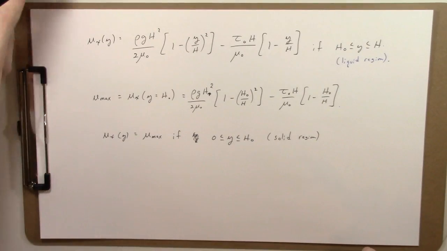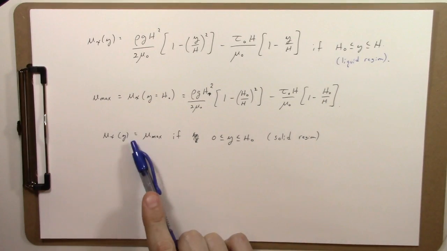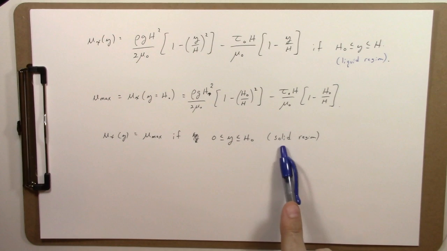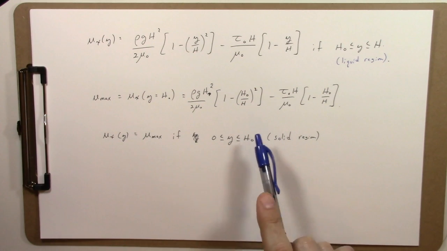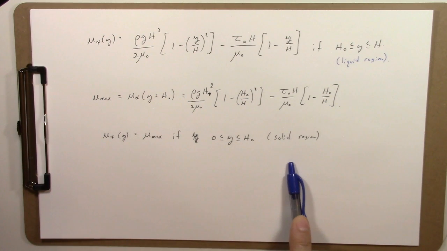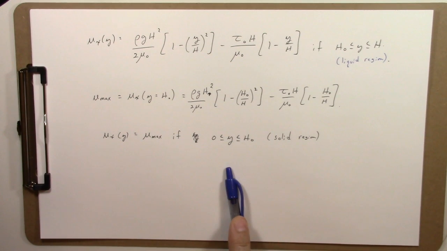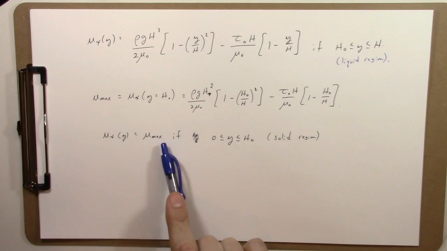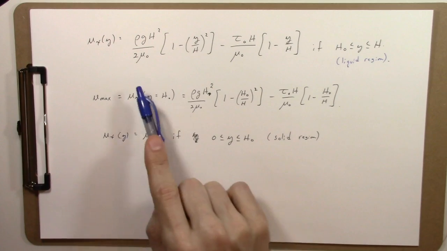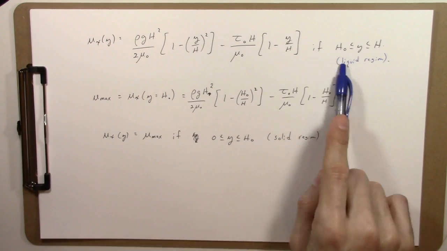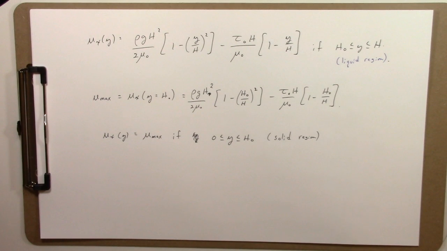It will move down at the velocity of the liquid-solid interface, and that's equal to U max. So if y is in the solid region, between the liquid-air paint interface and the liquid-solid interface, the velocity will be U max given here, and if we're closer to the wall, the velocity will behave here with variation in y.